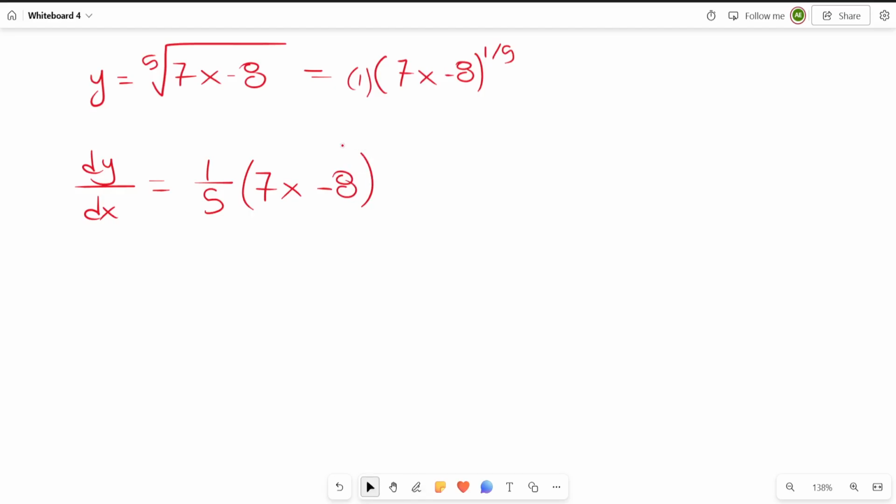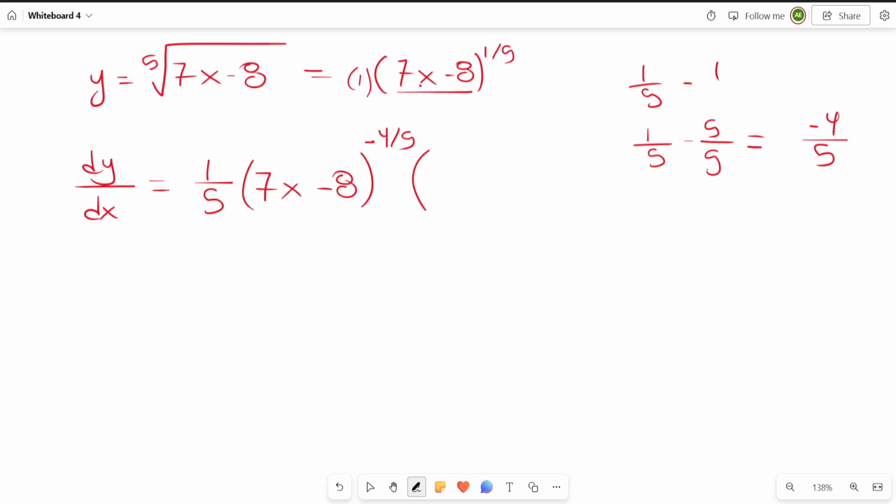So 1 over 5 minus 1 is basically the same as 1 over 5 minus 5 over 5. So it's basically equal to 1 minus 5, which is negative 4. And then I copy the denominator. So it's negative 4 over 5. And then I multiply by the differentiation of what's inside.